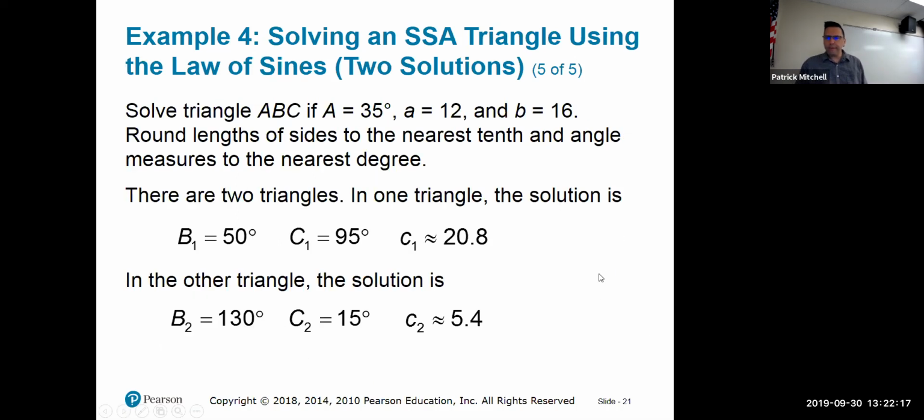So here's what we found. If angle A is 35 degrees, side A is 12, and side B is 16, then one possibility is that angle B is 50 degrees, angle C is 95 degrees, and side C is about 20.8. The other possibility is that angle B is 130 degrees, angle C is 15 degrees, and side C is about 5.4.